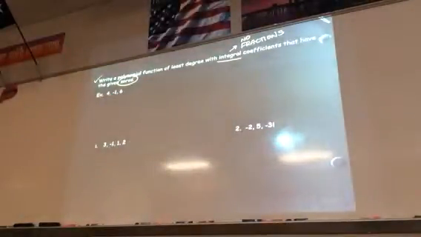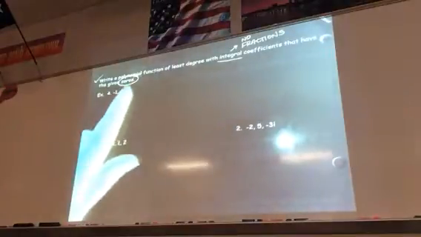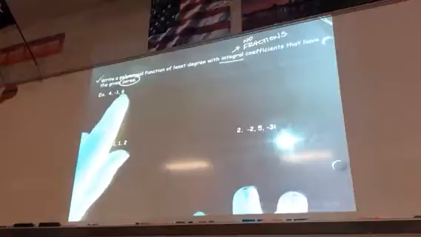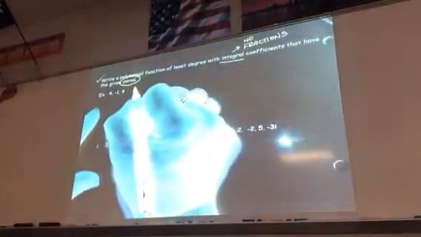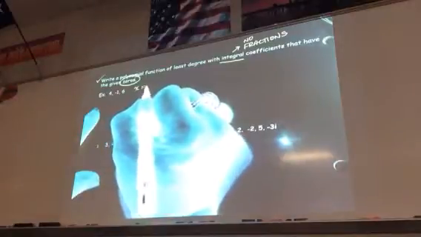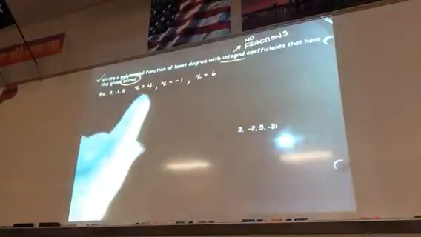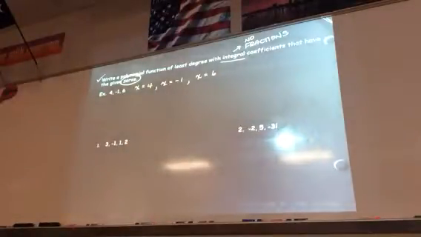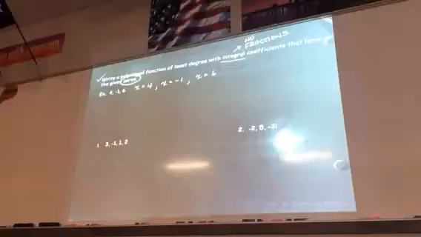Okay, Algebra 2 students. If I tell you that your zeros are 4, -1, and 6, remember our discussion on the first page? That's telling me that x equals 4, x equals -1, and x equals 6. So I have 3 zeros. So I need to be able to create a third degree polynomial.